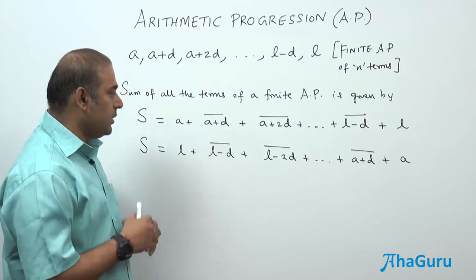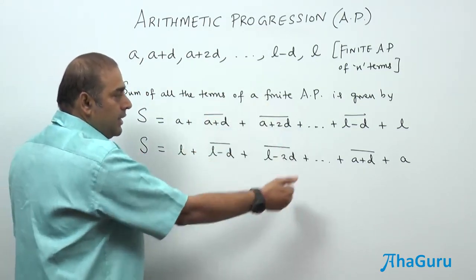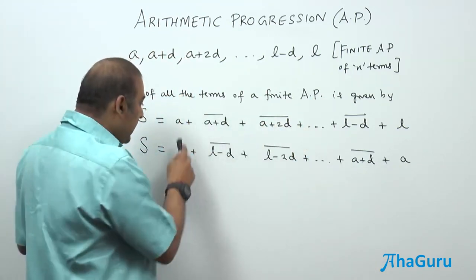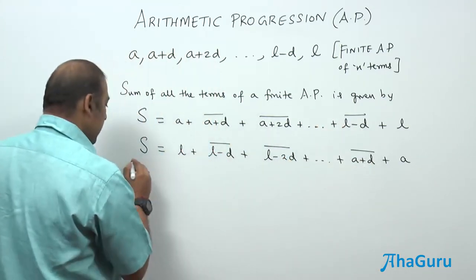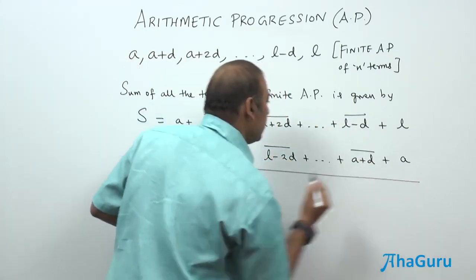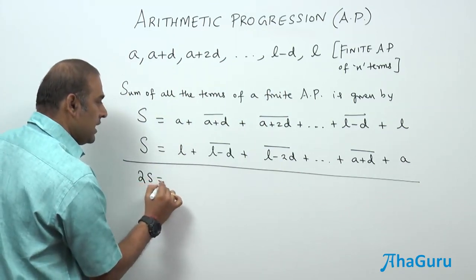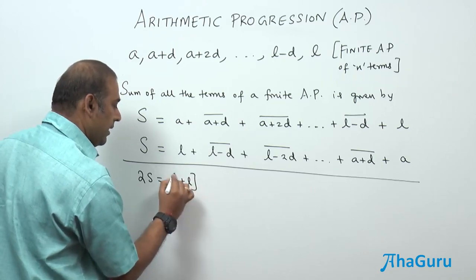So, imagine that way, and therefore, if you add vertically, the corresponding sum is going to be the same. In the beginning it was a plus L, and so on; it is going to be a plus L. So, that is the plan because of which we have reversed. Now, if you add, you get 2S, and what is going to be this? a plus L.